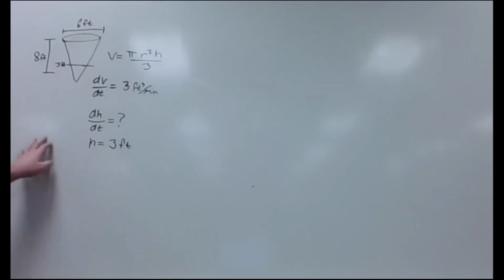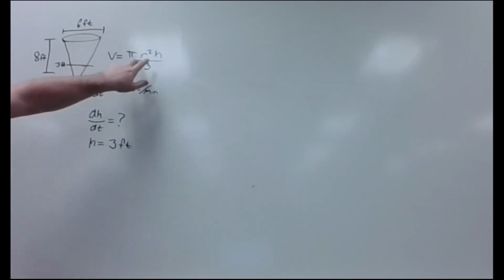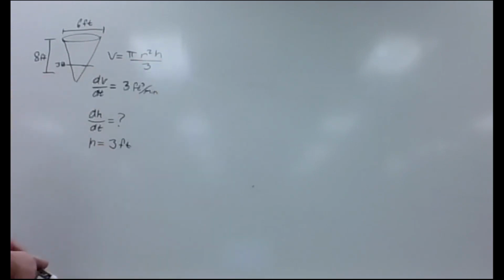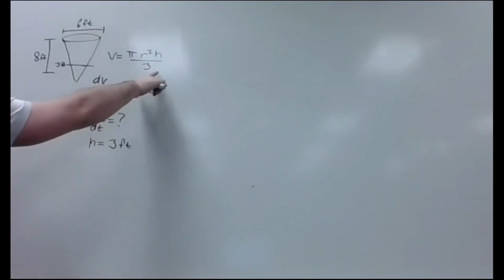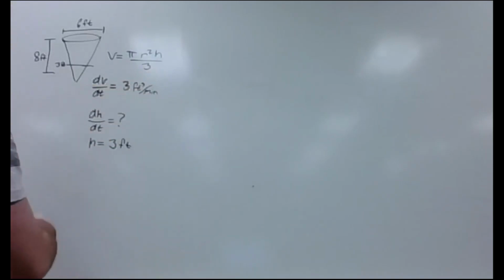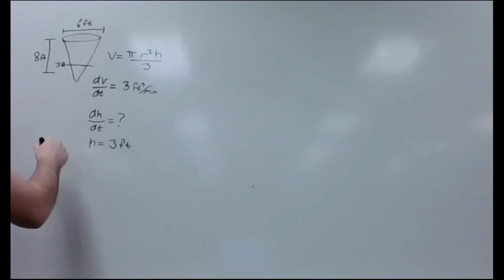And so once again, we have to recognize that both our r and h are dependent upon time, because as time goes, our radius will get bigger as well as our height, right? And that's kind of an important concept to remember. So we have to come up with our ratio.